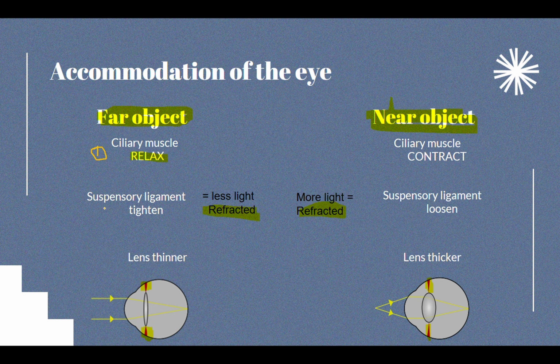Here's a mark. Suspensory ligament tighten. Here's your second mark. And you should include what will happen to the lens. This is your third mark. And lastly, the last mark for your answer is that he needs less light to be refracted so he can see clearly. Here are 4 marks that should be included in your answer to have the full mark.